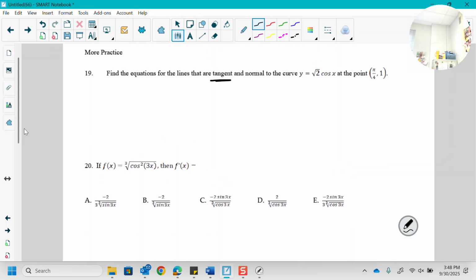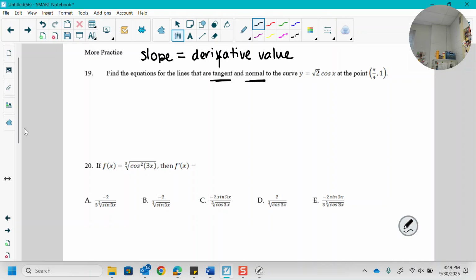19 asks for a tangent line and a normal line. Okay, so this is new. Tangent line. The slope of the tangent line is the derivative value.